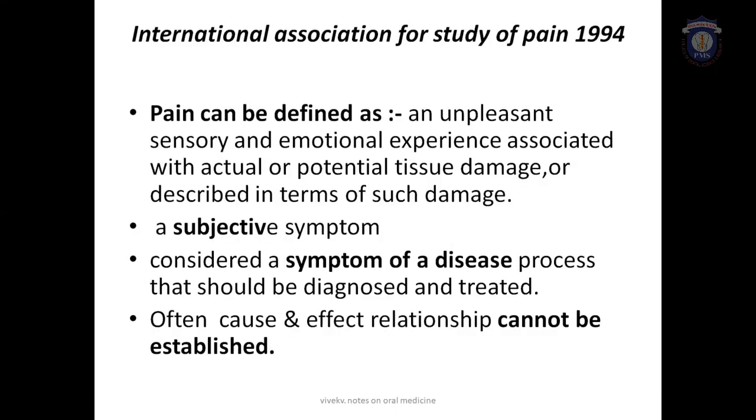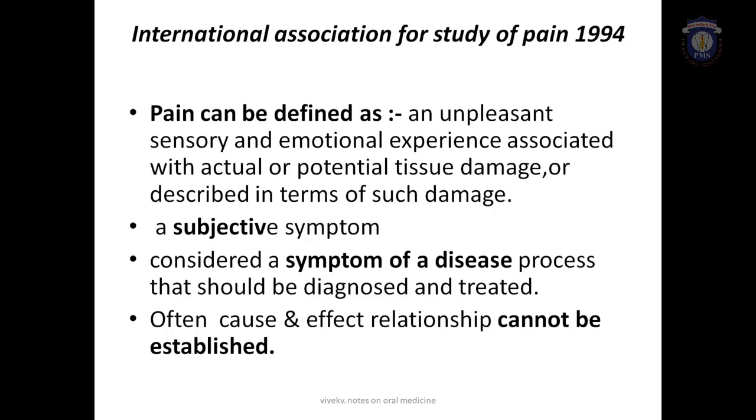The International Association for the Study of Pain in 1994 defined pain as an unpleasant sensory and emotional experience associated with actual or potential tissue damage or described in terms of such damage. So essentially, pain can be considered as a subjective symptom.